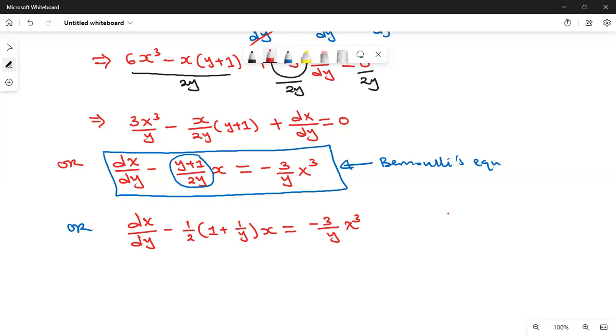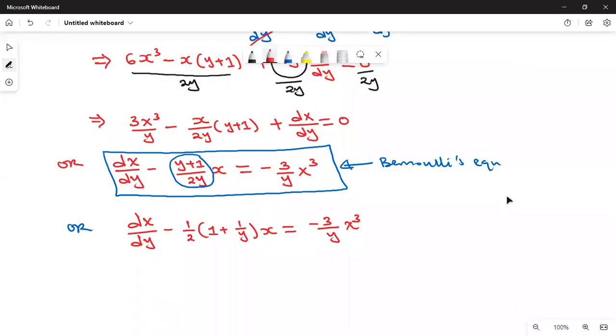Now, let's transform this equation to a linear ODE in the new dependent variable z. Before we make the substitution, I need to get rid of the x cubed from the right hand side.